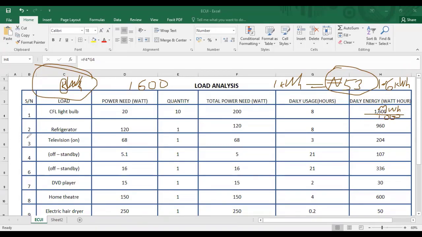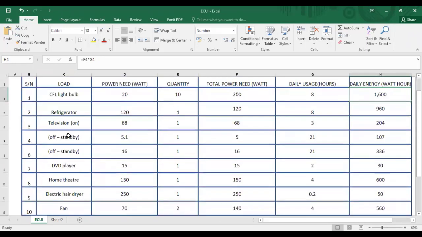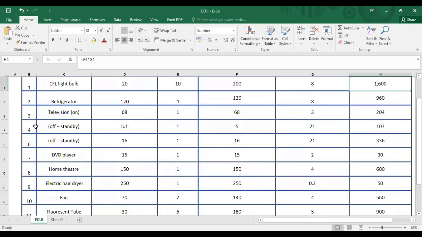So we can also see the other loads we have there. We have the refrigerator, 120 watts, quantity 1, total power 120, daily hours of usage 8, and we have 960 as the daily energy. Now, if we go down, we can see different loads, but let me talk about load 3 and load 4.